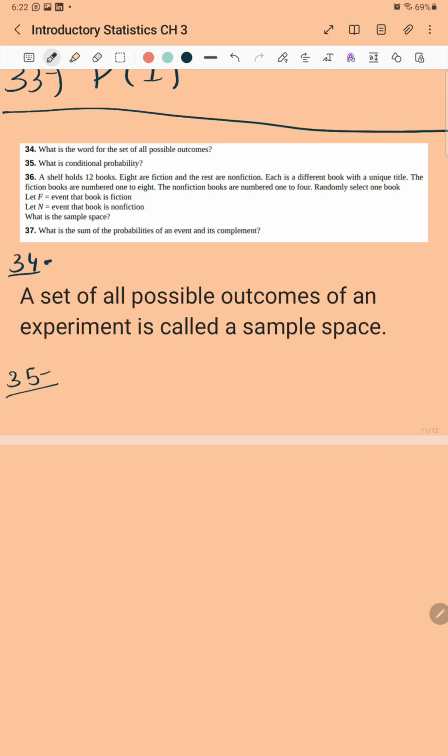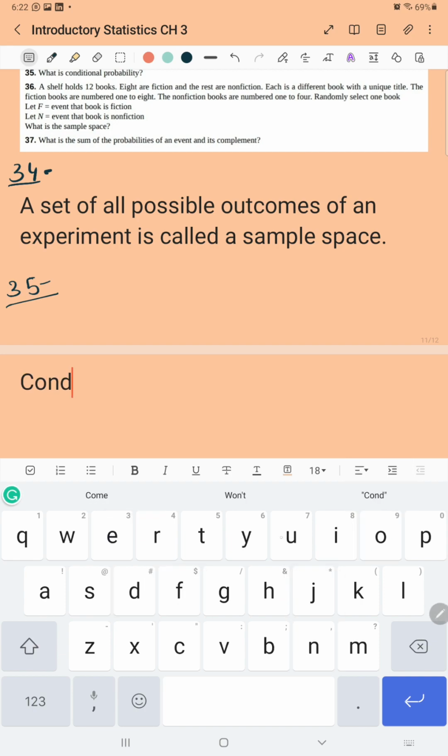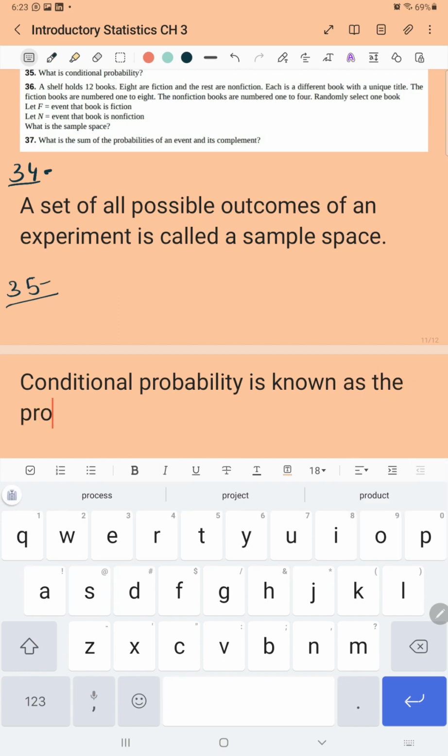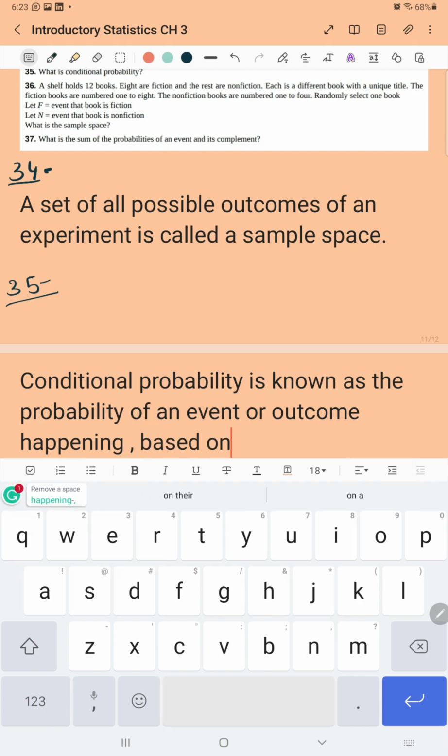Question number 35 says, what is conditional probability? Conditional probability is known as the probability of an event or outcome happening based on the existence of a previous event or outcome.